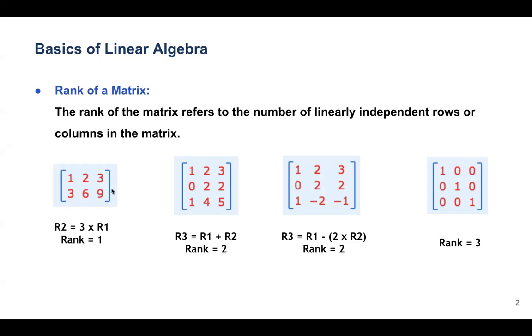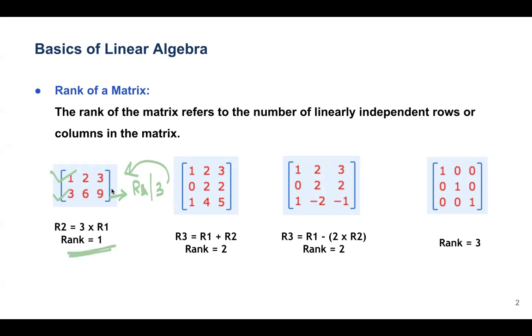So you can also think in such a way that R2 can be divided by 3 and you'll be getting R1. So that way also you can see how these are related. Even in that way you can say that this is the only independent row. Otherwise, as per the definition given below, you will say that R1 is the only independent row. In both the cases, the rank of this matrix is 1.